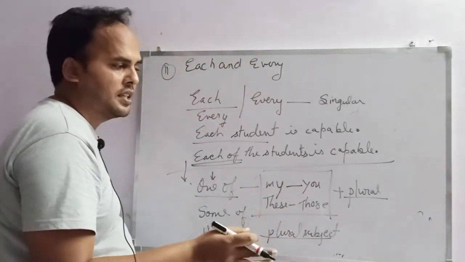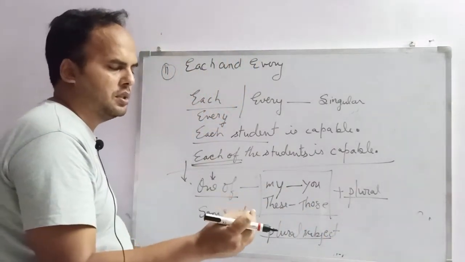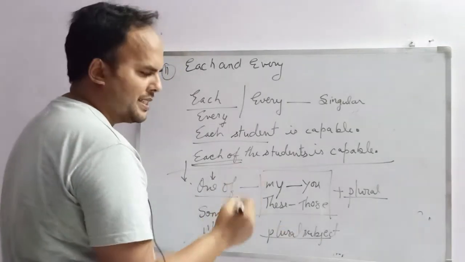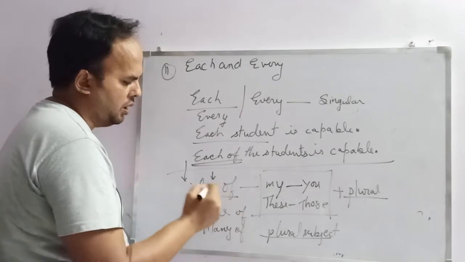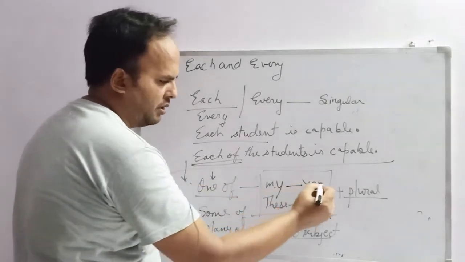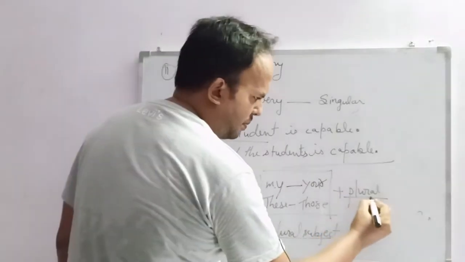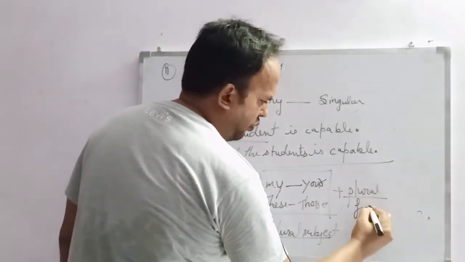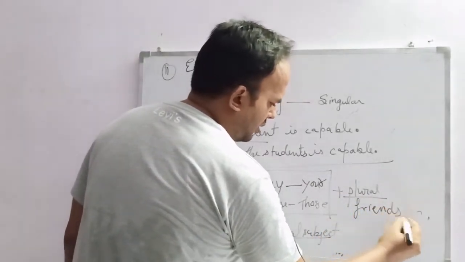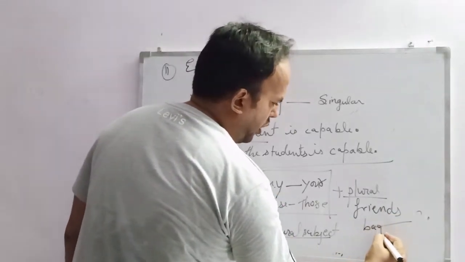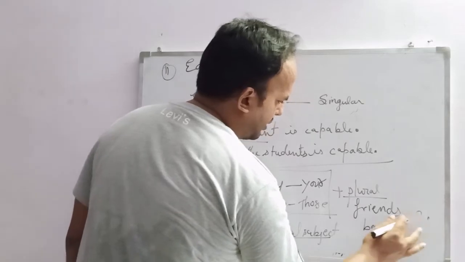Over here there is an exception also. What is that exception? We will understand now. One of my friend, one of your friend. No, never singular. One of your friends. One of these bag? No, one of these bags.